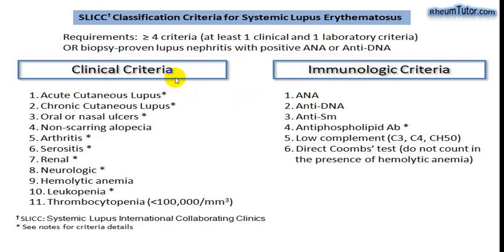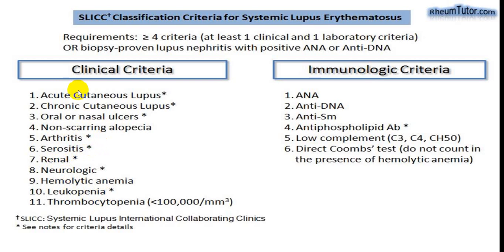In clinical criteria: acute cutaneous lupus, chronic cutaneous lupus, oral or nasal ulcer, non-scarring alopecia, arthritis, serositis, renal involvement, CNS involvement, hemolytic anemia, leukopenia, thrombocytopenia.